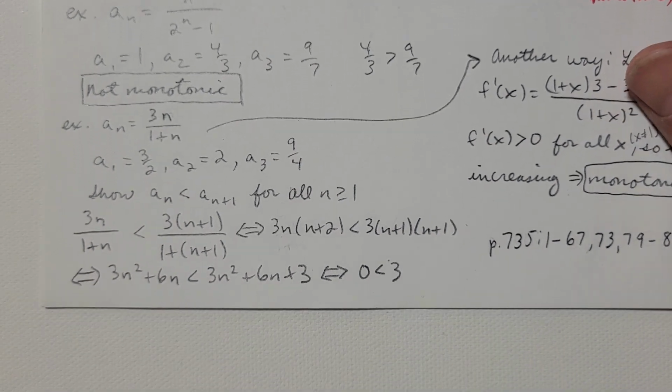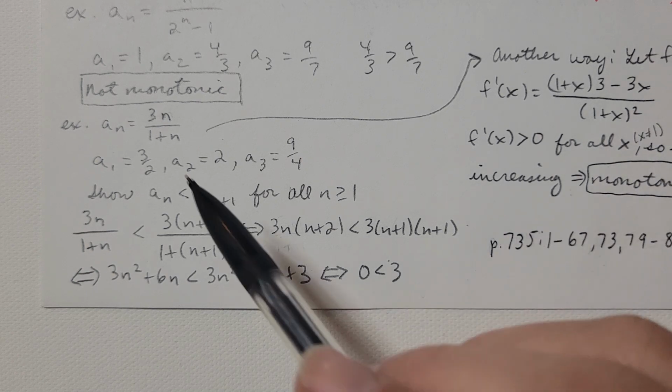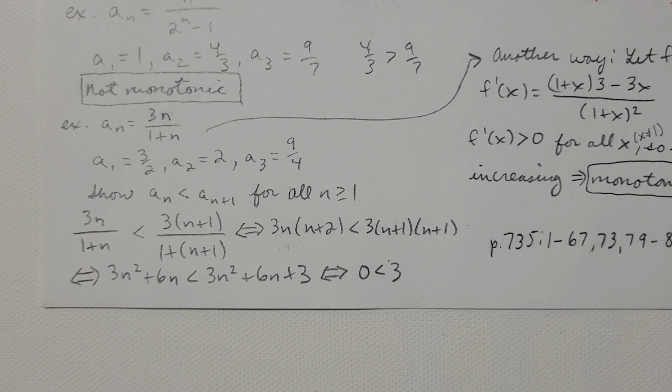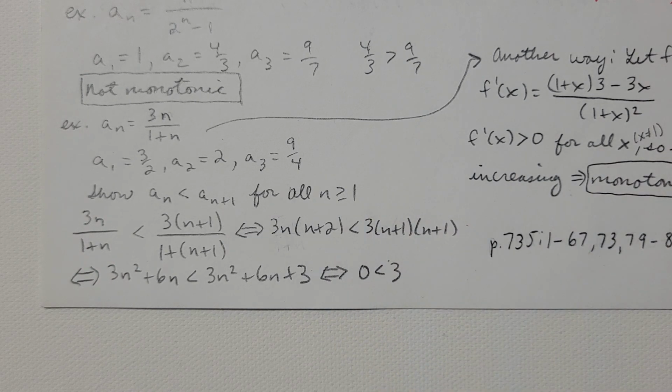What if we look at another sequence here? So what if we had, let's see, a sub n equals 3n divided by 1 plus n. Well, I'll list out the first couple of terms just to get an idea: number 1, if this is monotonic, and number 2, is it decreasing or increasing?